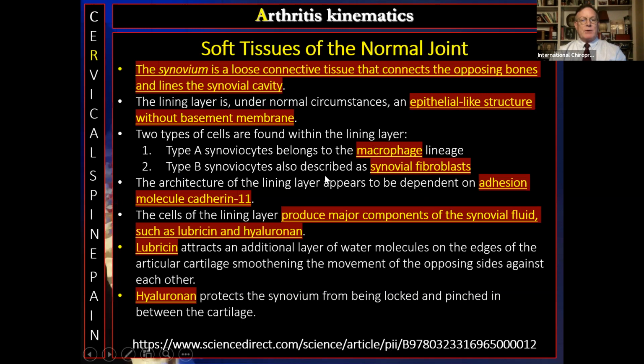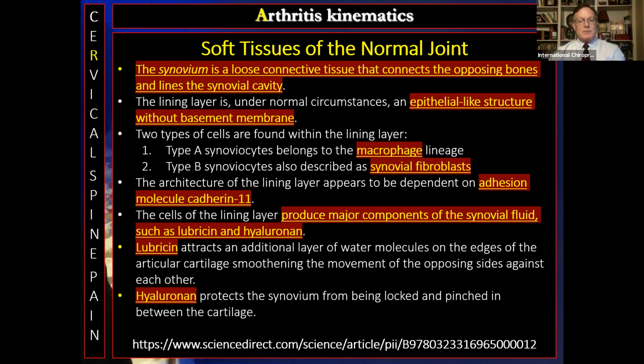So the synovium talks about how that works. Within the synovium, you have synoviocytes. Some of them, the type A's, are macrophages, so they engulf trash and things. And the type B's are fibroblasts, so they create collagen after the type A's resorb and melt down the bad scar or collagen.